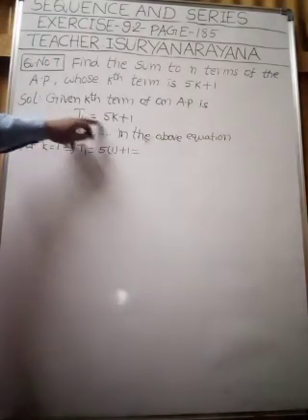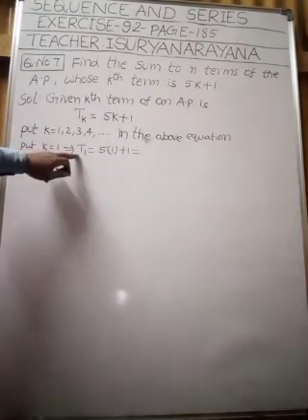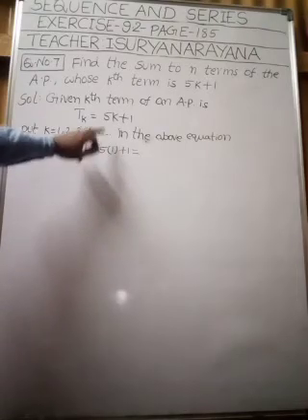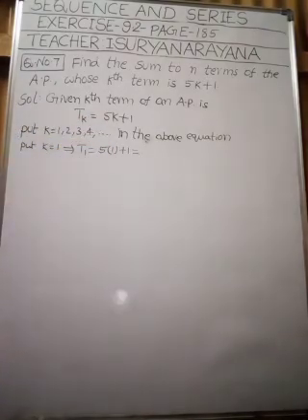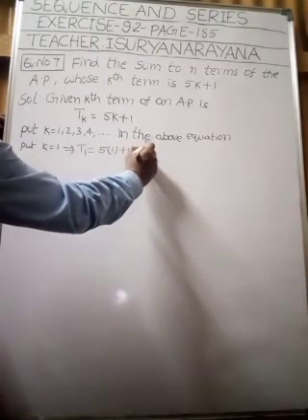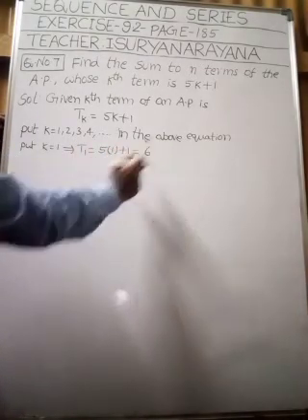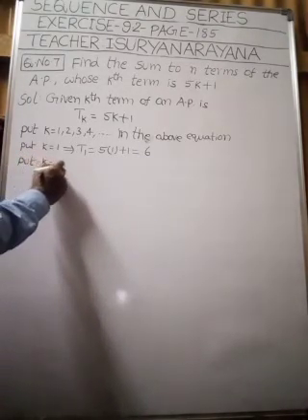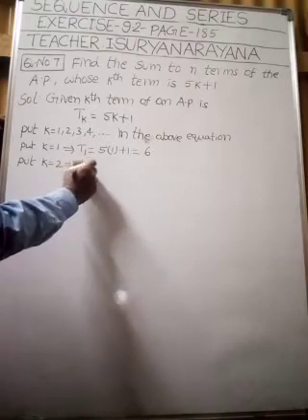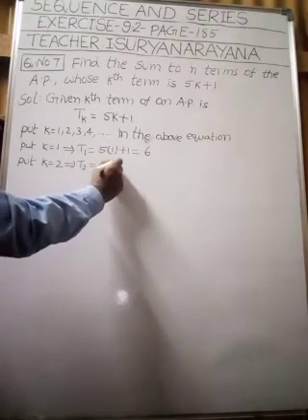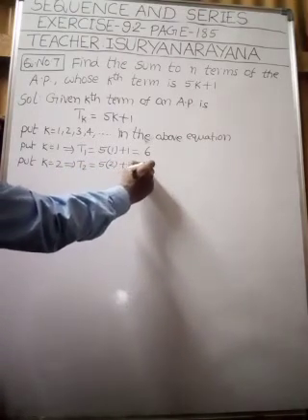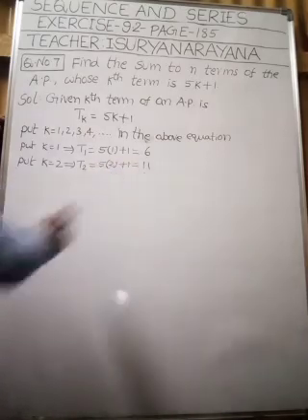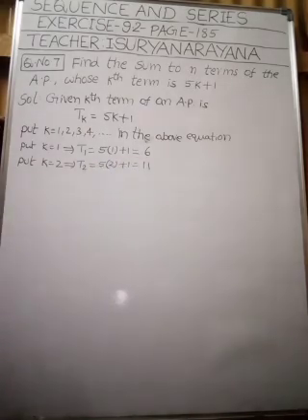Okay, my children, in this equation we are substituting first k is equal to 1, then we get the first term of the AP. Okay, my children, understood this logic? Right. 5 plus 1, what will you get here? 6. This is the first term of AP. Put k is equal to 2. Then second term. So 5 into 2 plus 1. Then what will you get here? 5 tens are 10 plus 1, 11. Understood this step, my children?